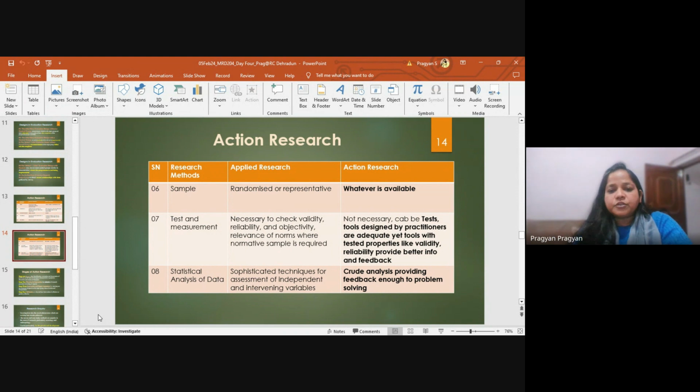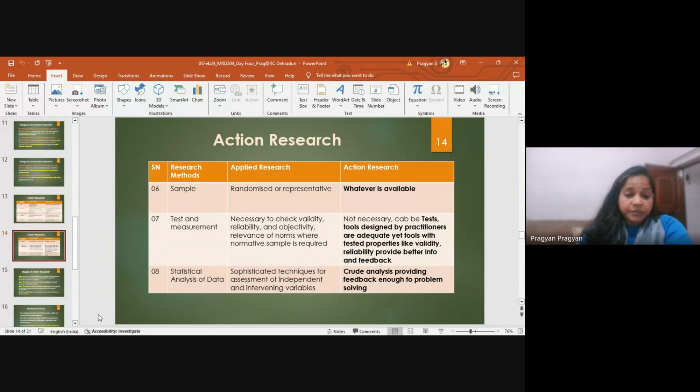Because in action research, you are supposed to explain the whole process, to prove the basic linkage between those particular intervening variables and the dependent variable, so that you can establish that this problem was the occurrence of this kind of situation, and this kind of situation can be solved by this kind of intervention technique.